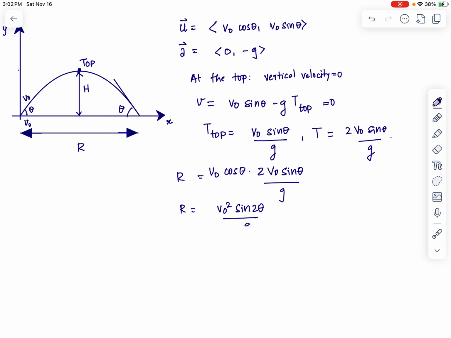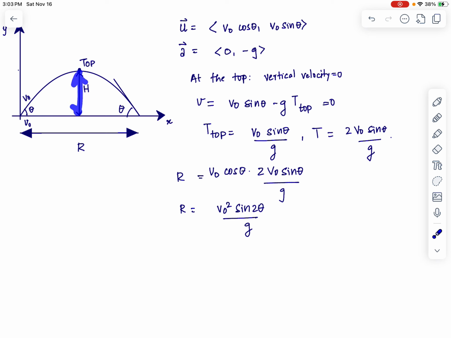Okay, so now we found the total time of flight, we found the range, and now we want to find the total height h.